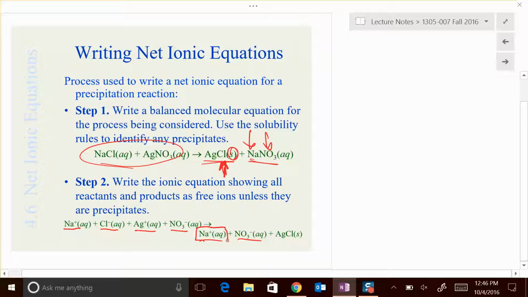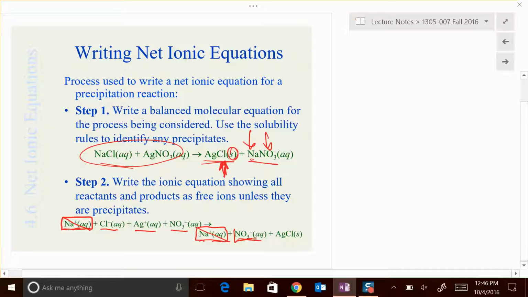Is sodium plus on both sides of the reaction? Yes. It's on both sides. Did it do anything? Did it react with anything? Did it change? No, it's exactly the same, right? So it didn't do anything.